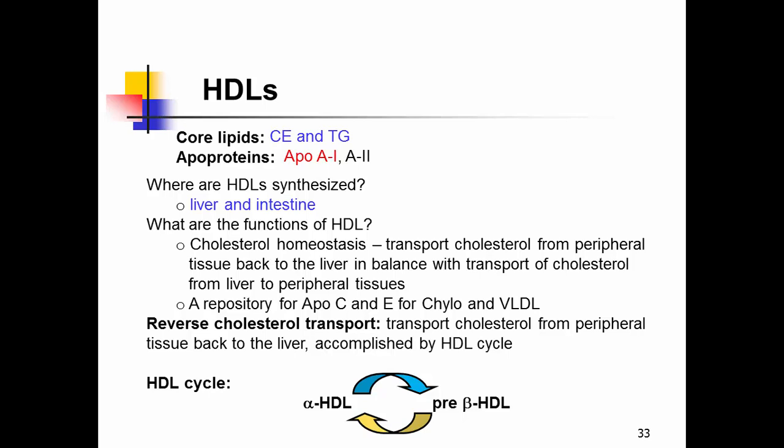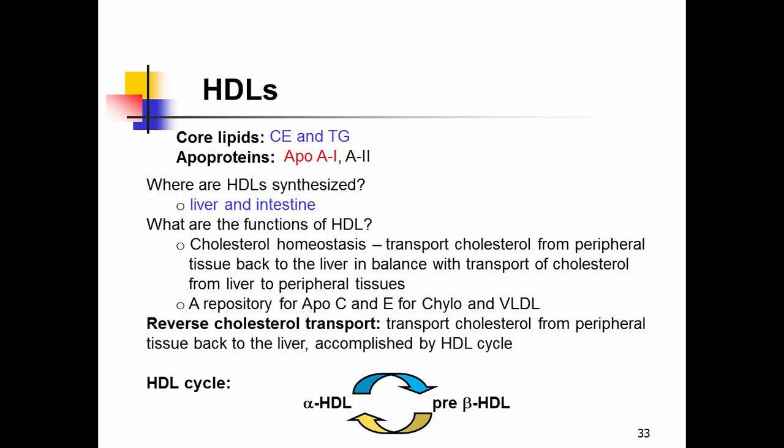HDL can transport cholesterol from peripheral tissue back to the liver, so it can keep peripheral tissue cholesterol levels low, right, and remove the extra cholesterol from the body by depositing it in the liver. So the liver can metabolize cholesterol and remove the extra cholesterol out of the body, right? This is the reason it's a good cholesterol.